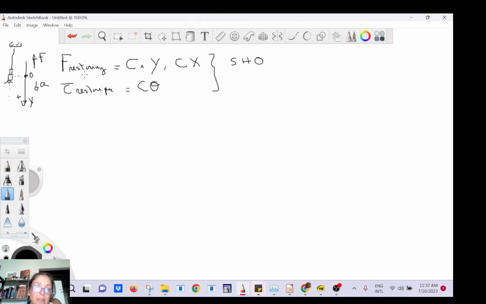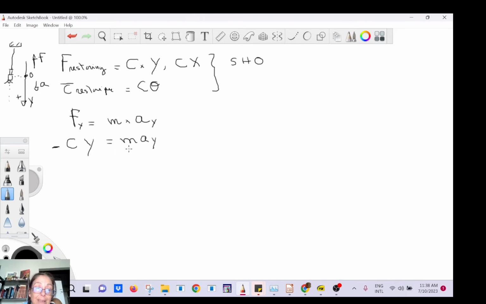And we've seen that in those cases, we can say that the restoring force equals Newton's second law, the mass times the acceleration. In that case, the force is along the y and the acceleration is along the y. So I'm going to have minus c, a constant, times the displacement y equals m times the acceleration.